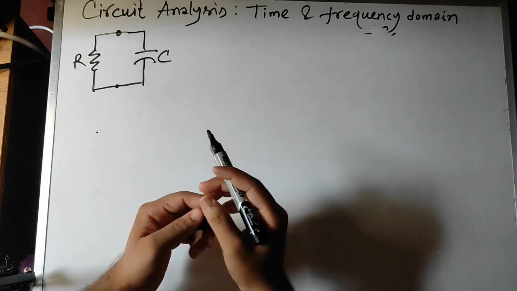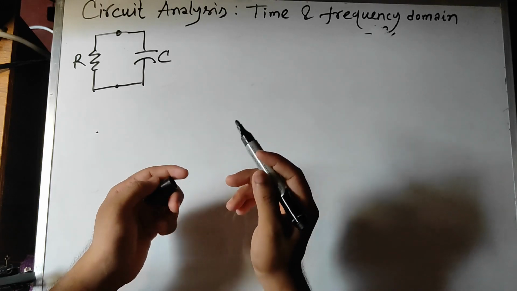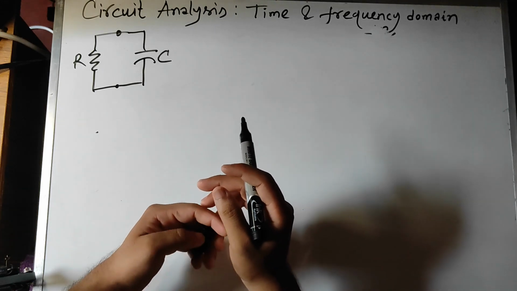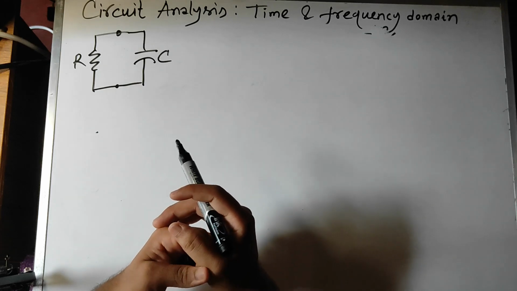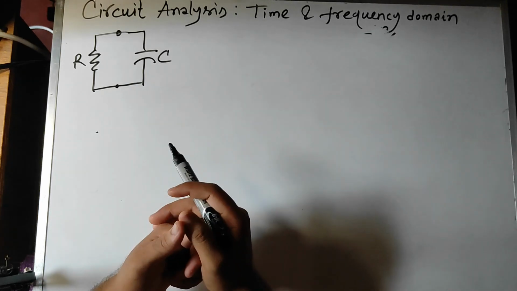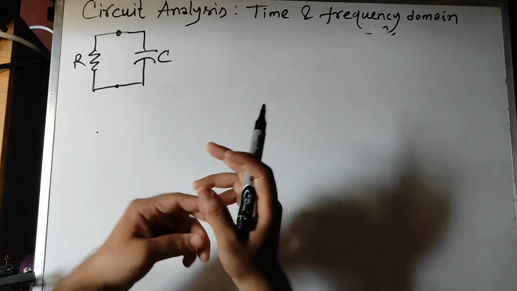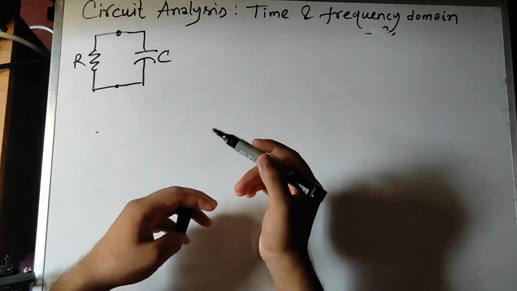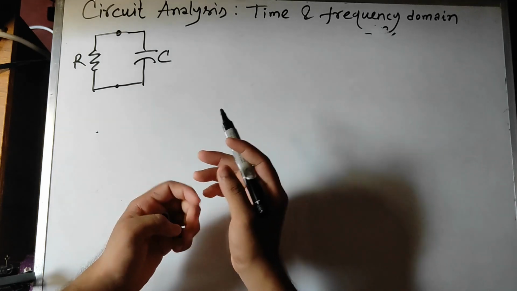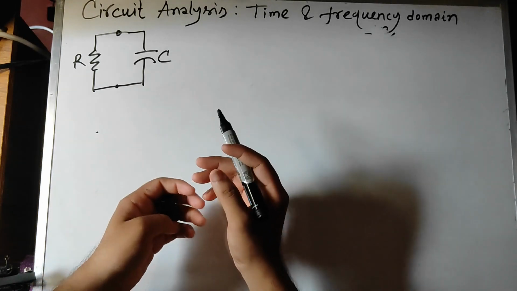frequency. Capacitors and inductors are frequency dependent circuit elements, and they store energy. Inductors store energy in terms of DC current, and capacitors store energy in terms of voltage.